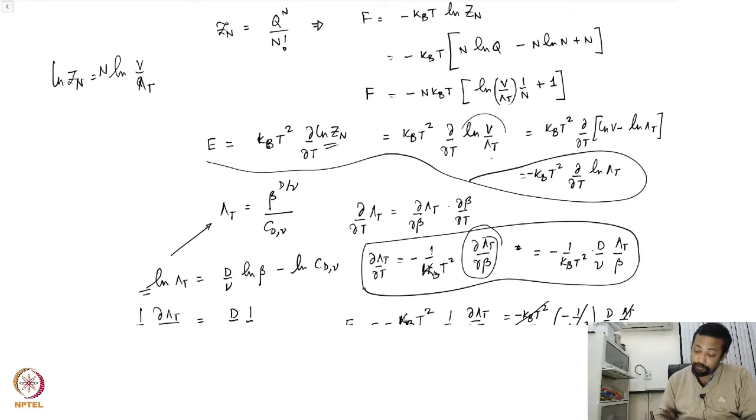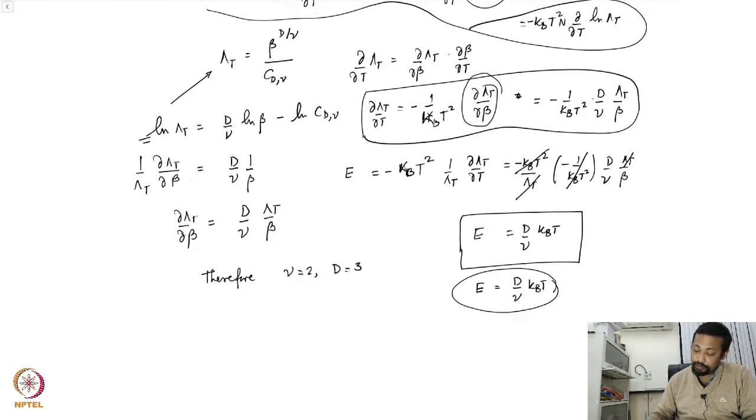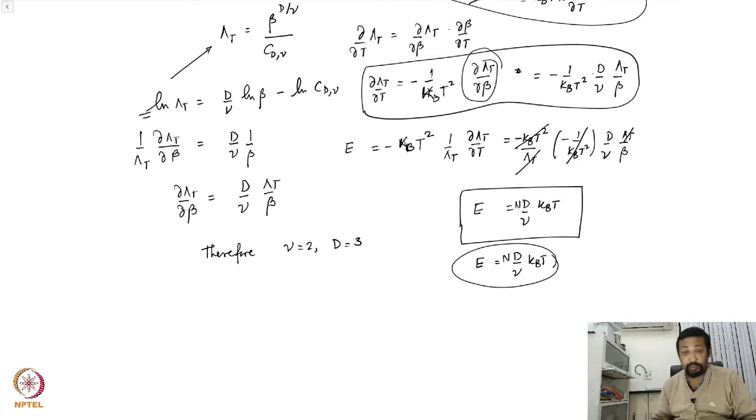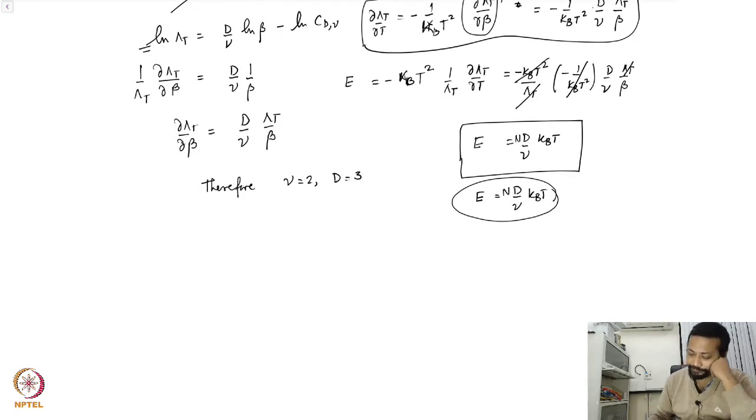When I wrote down ln Zn, it is n ln v over lambda t, and I missed out a factor n over here. So that n factor has to be carried all throughout, and once you do that calculation, you're going to come up with an n over here. If you did not have an n, that means the energy was not extensive. So there is something seriously wrong with the calculation. So one has to be very, very mindful of all of these, right?